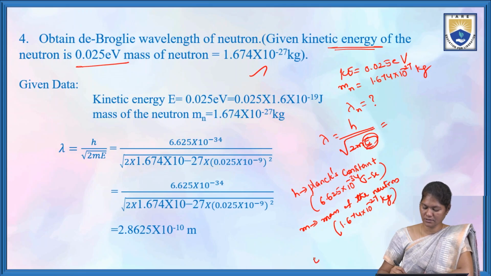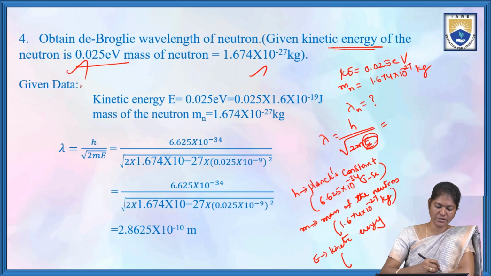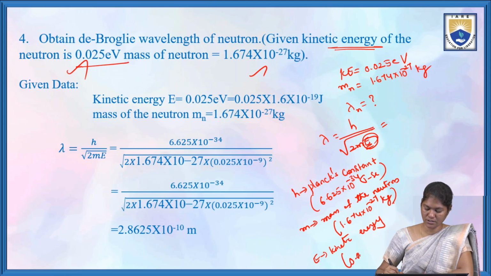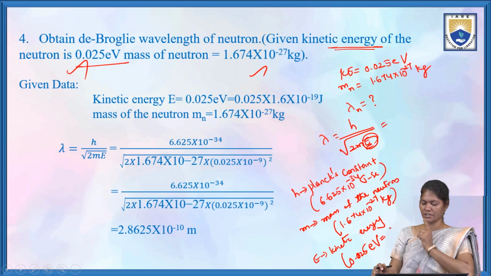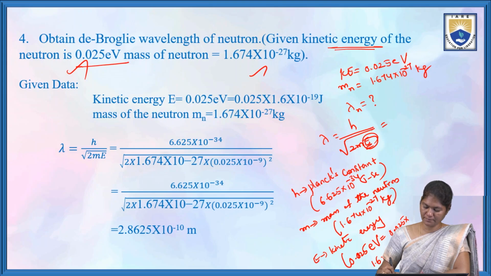And E is the kinetic energy, which is given as 0.025 electron volts. When electron volts are converted into joules, 1 electron volt is 1.6 × 10^-19 joule.